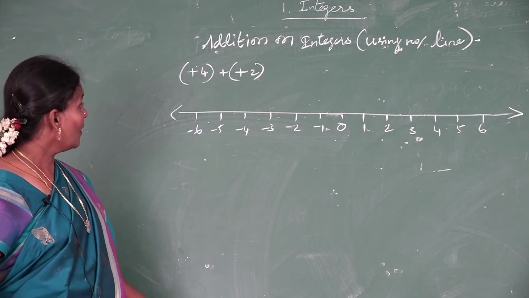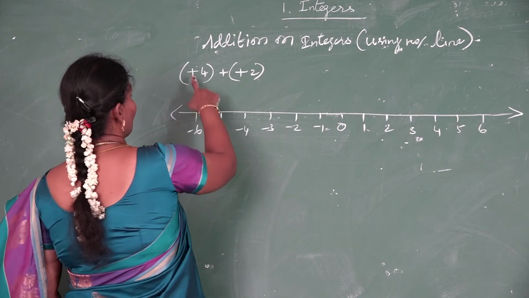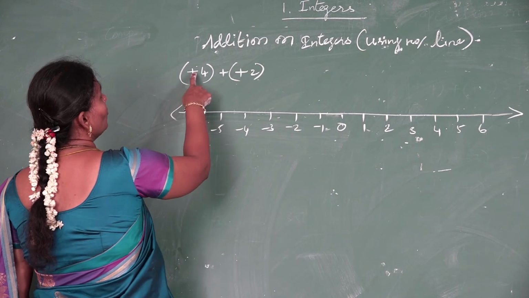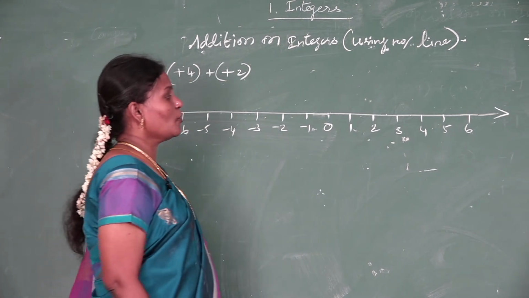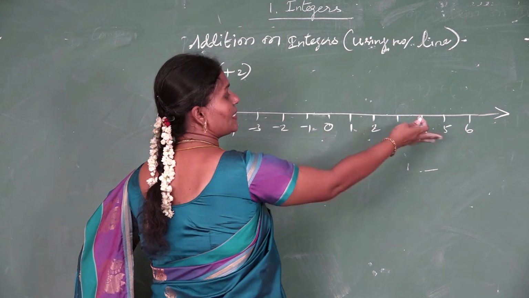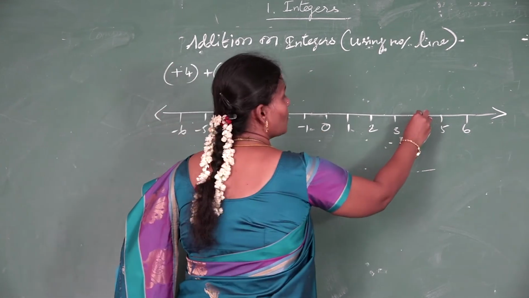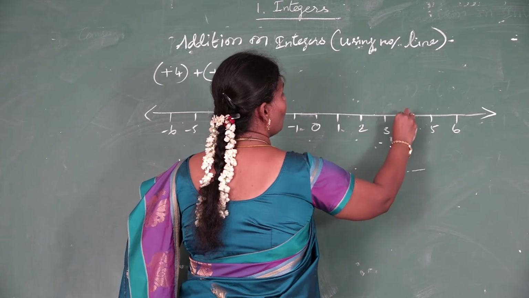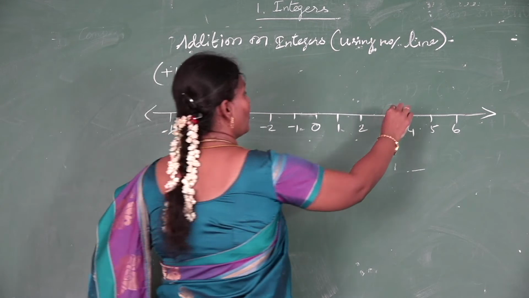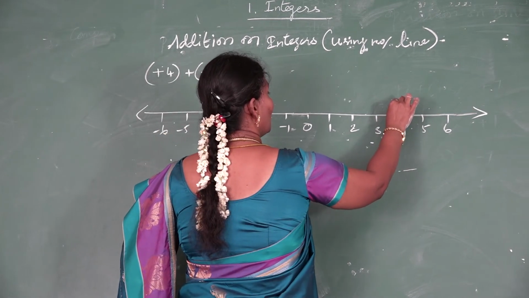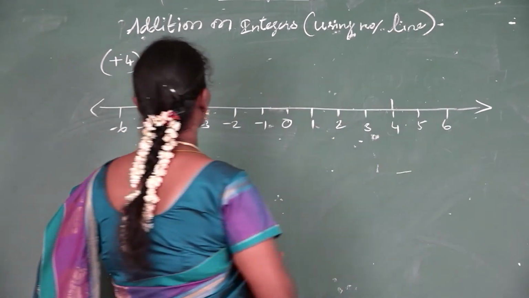Here the first integer is positive 4. So where is positive 4? That is on the right side of the 0. So this is the positive 4. Stand on the positive 4.